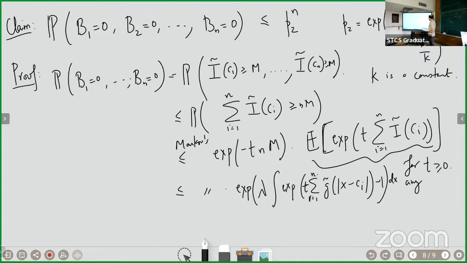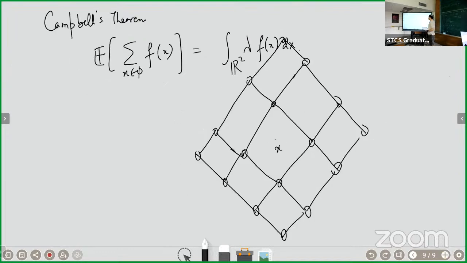So look at the sum. The sum is over these centers, fixing an x. At the first level you get 4, at the second level you get 12. Subsequently, how many? 4 plus 8 times k for the kth level. And how much is the contribution from the nearest ones? How far is this distance?